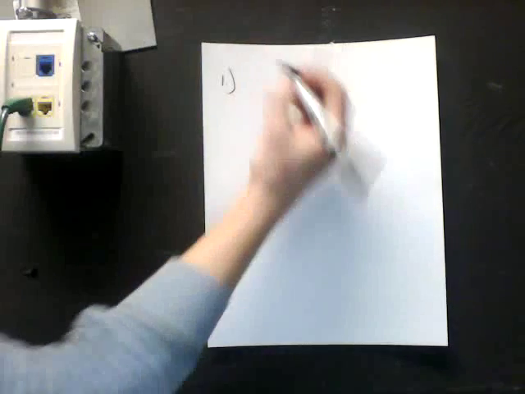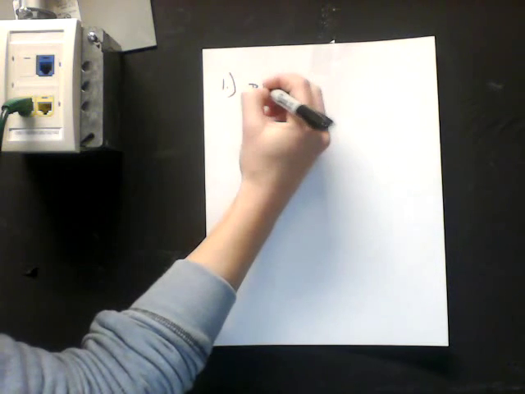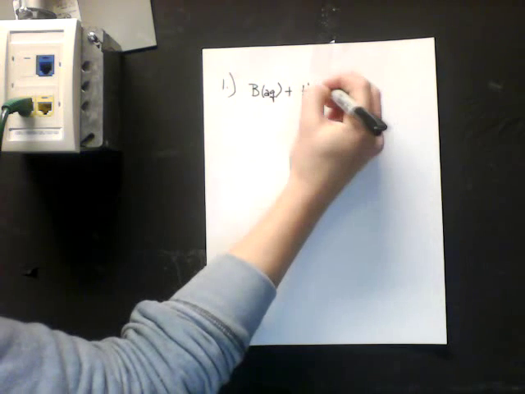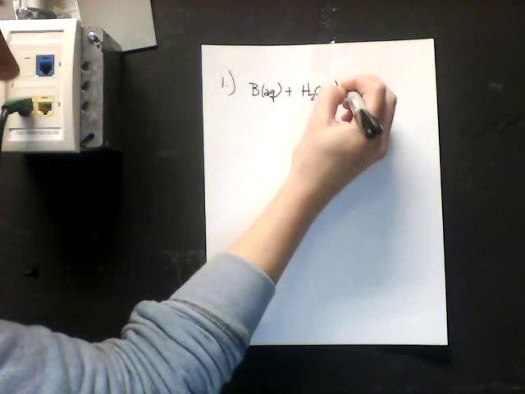So for number one, hopefully you can see that. The video is a little smaller than what you can see, so you can expand it on YouTube, full screen it. So we say, consider the equilibrium of B aqueous, and we always know that's a liquid, H2O.